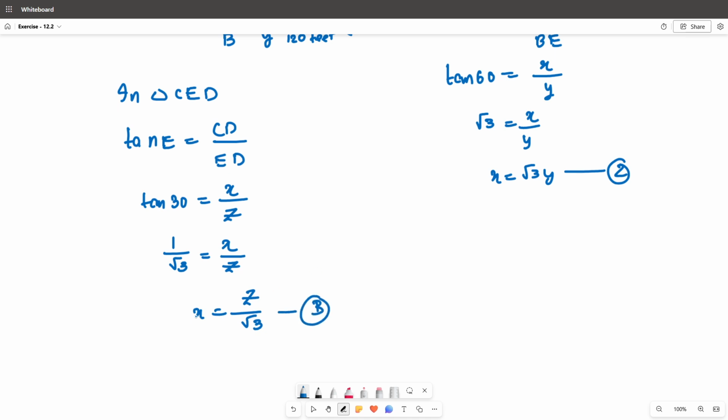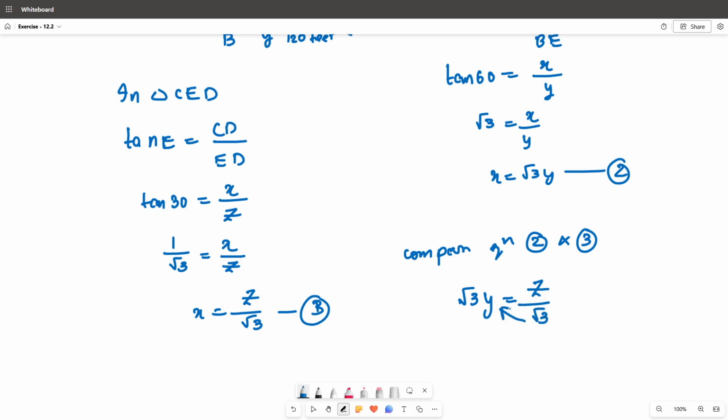So we can see x is equal to z by root 3 and x is equal to root 3 y. So if I compare both equations, comparing equations 2 and 3, I would get root 3 y is equal to z by root 3.